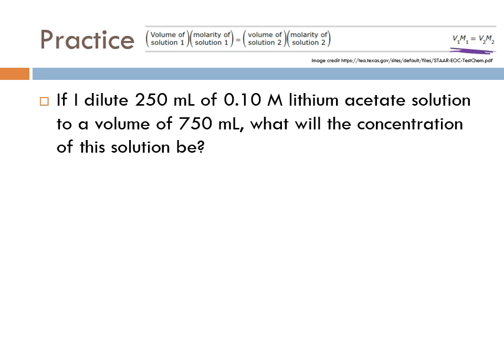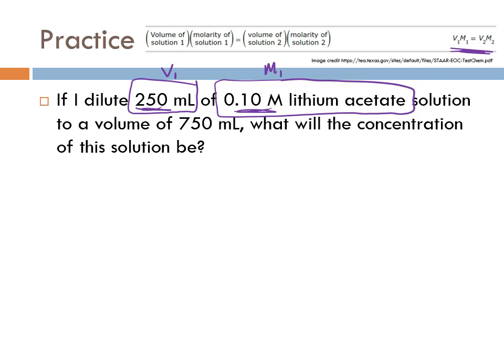Let's put it to work. V1M1 equals V2M2. So if I have 250 milliliters of 0.10 molar lithium acetate solution, this is a volume, this is my molarity. Since I'm starting with them, I'm going to give them numbers 1. So there's volume 1 and molarity 1. And then I dilute it. So now my new volume is 750 milliliters. Here's my second volume.